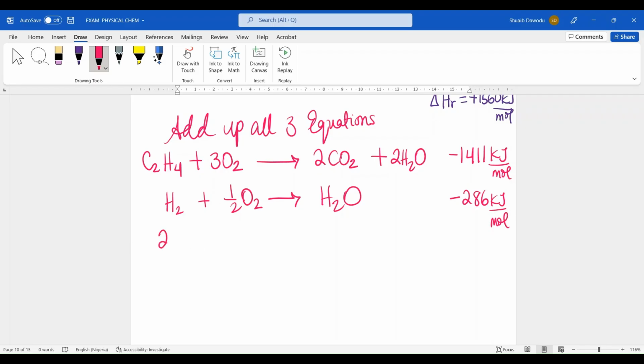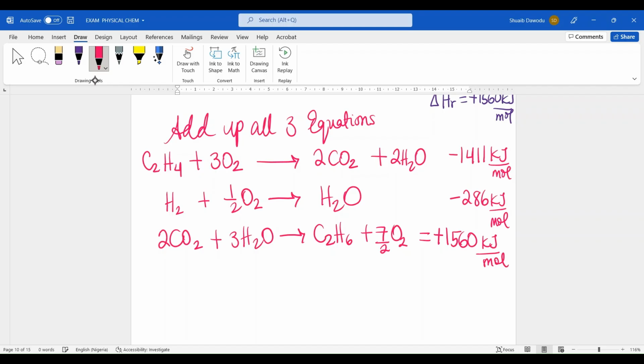Next, you have 2CO2 plus 3H2O, which is just equation 2, giving C2H6 plus 7 over 2 O2. Of course, that's positive 1560 kilojoule per mole. Now let me quickly write out everything. So you have 1, 3, and then 2.